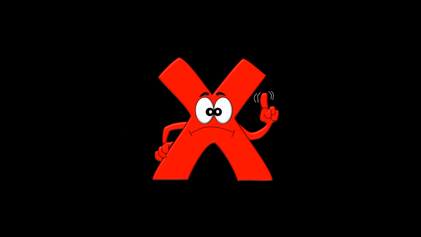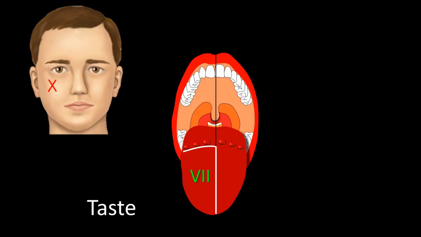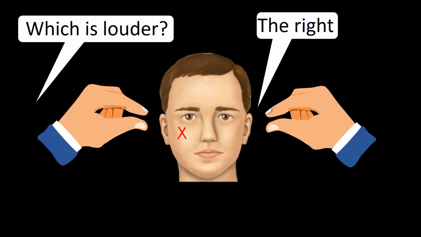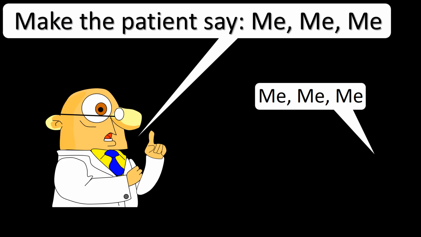Other symptoms of lower motor neuron pathology involving the seventh nerve are lack of taste in the anterior two-thirds of the tongue on the side of the affected nerve, hearing sounds louder on the side of the affected nerve, and not being able to say "me" clearly.